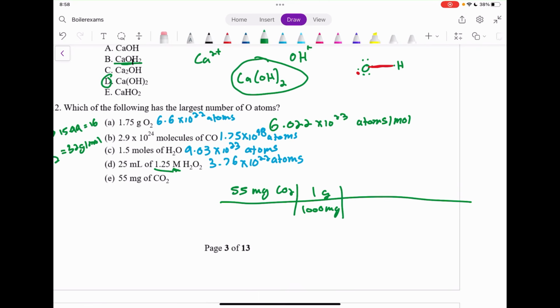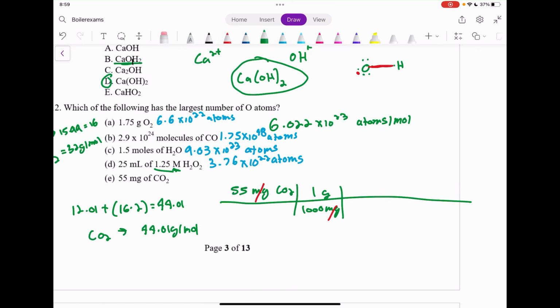And the molecular weight of carbon dioxide: carbon is 12.01 plus oxygen is about 16 times 2. So the molecular weight of CO2 is about 44.01 grams per mole.